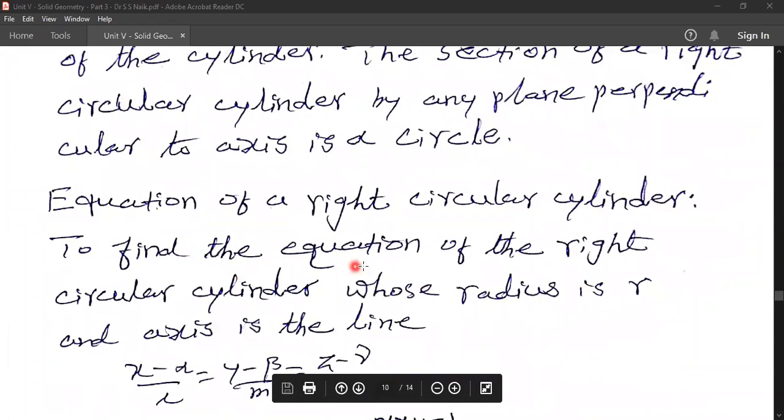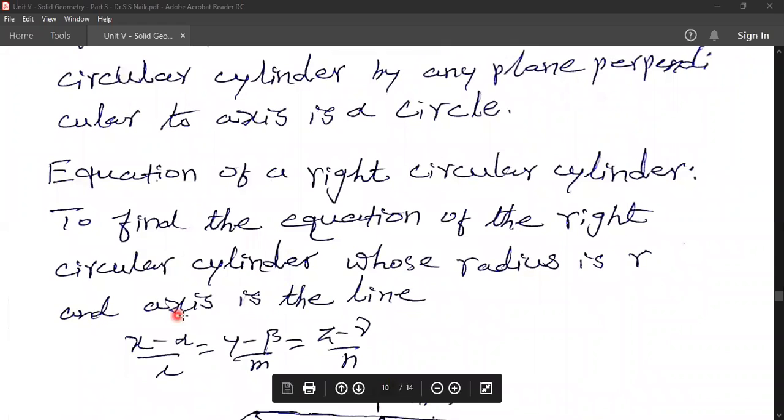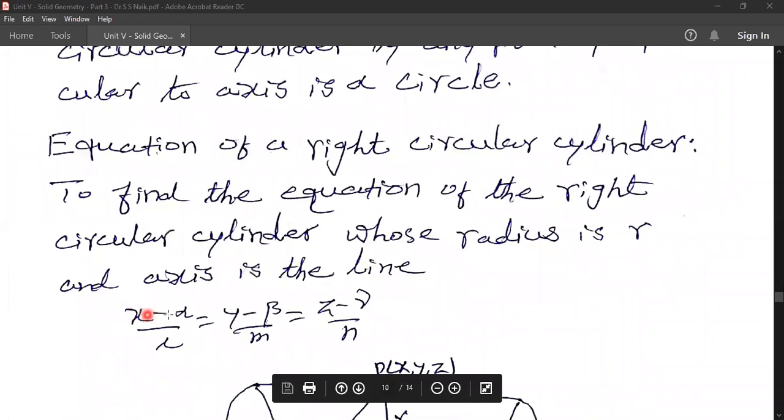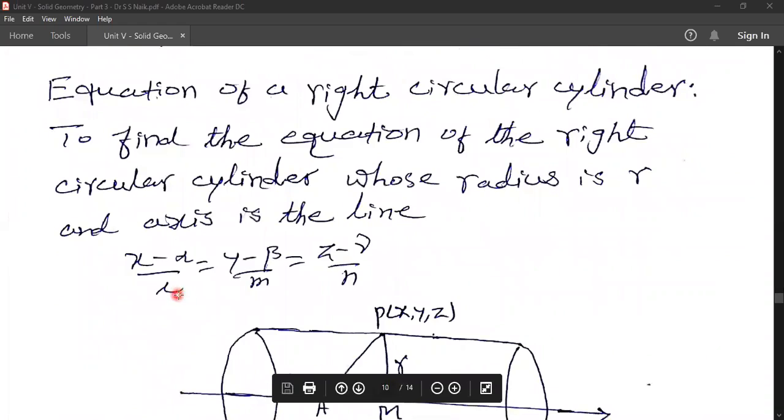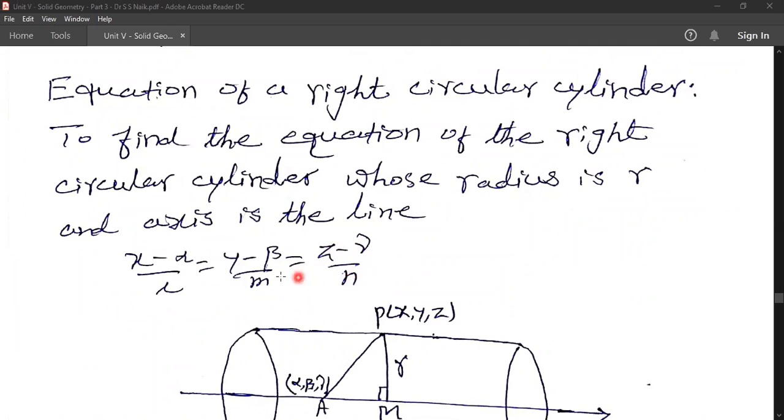To find the equation of a right circular cylinder whose radius is r and axis is the line (x minus alpha) upon L is equal to (y minus beta) upon M is equal to (z minus gamma) upon N. Okay, so this becomes the axis and the radius of this right circular cylinder is r.